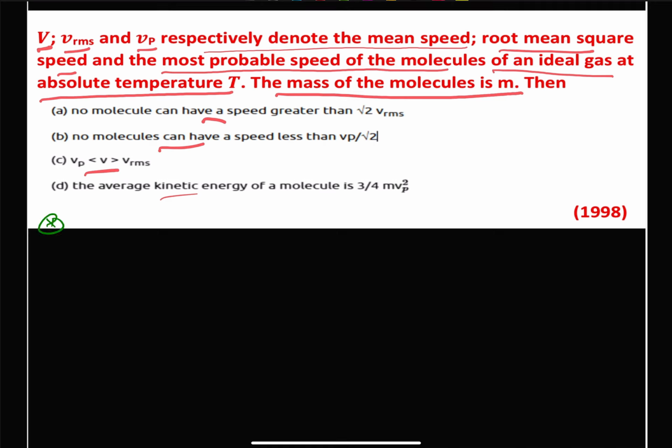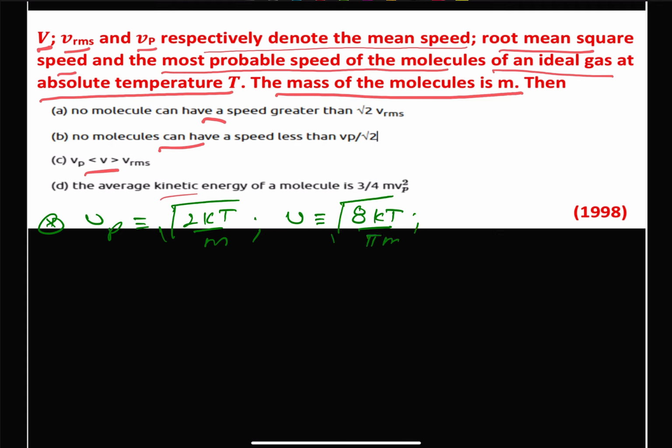First is our most probable speed, that is our Vp. Vp is given as square root of 2 kT divided by m. Then we are having a mean speed, that is our V, which is square root of 8 kT divided by pi times m.